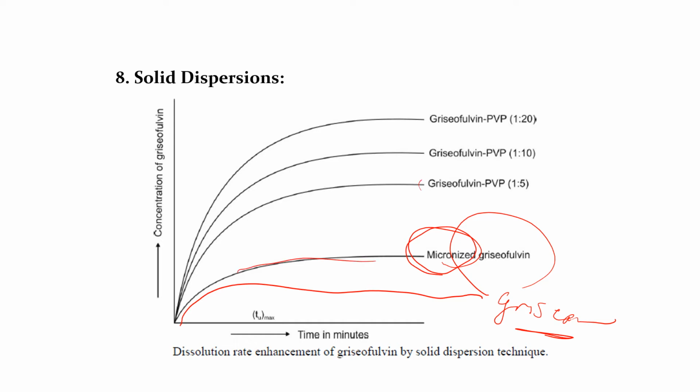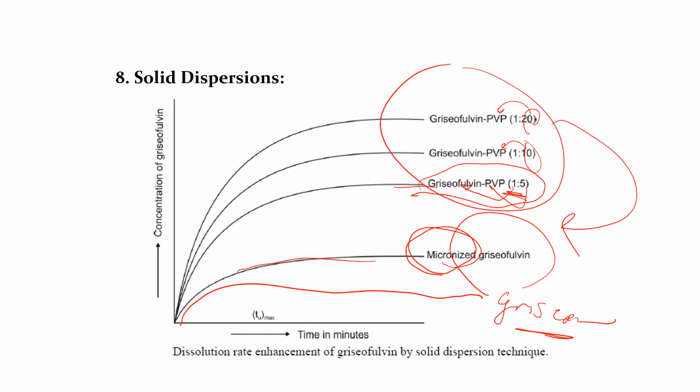And when we mix it with PVP, polyvinyl pyrrolidone, as solid dispersion in a ratio 1:5, 1 drug and 5 PVP, solubility is higher. When we increase PVP to 10, it becomes higher. When we increase it to 20, it becomes higher and higher. So you can imagine that even solid dispersion is more effective in solubilizing the active ingredient than micronization or reducing the drug particle size.